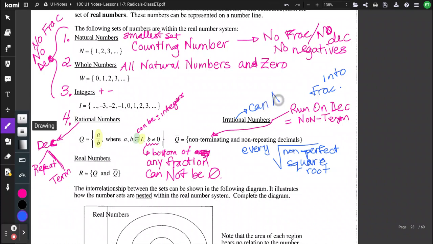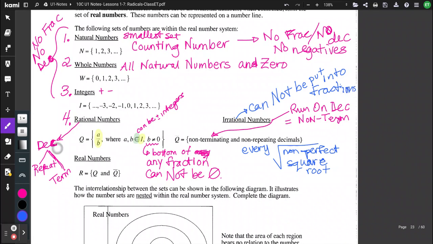They can not be put into fractions. I tried. They can't be put into fractions.